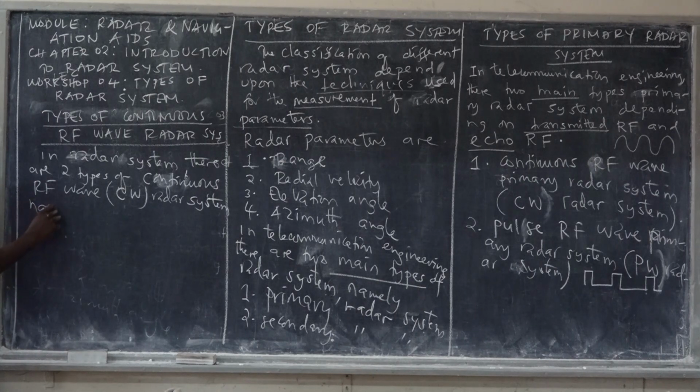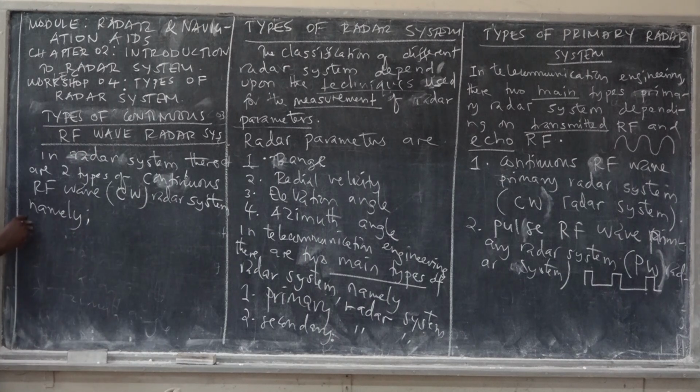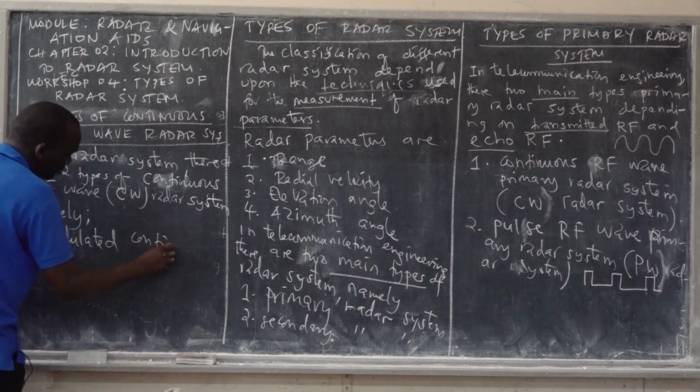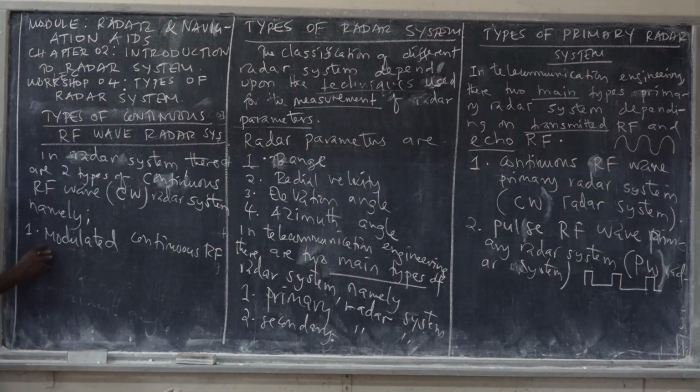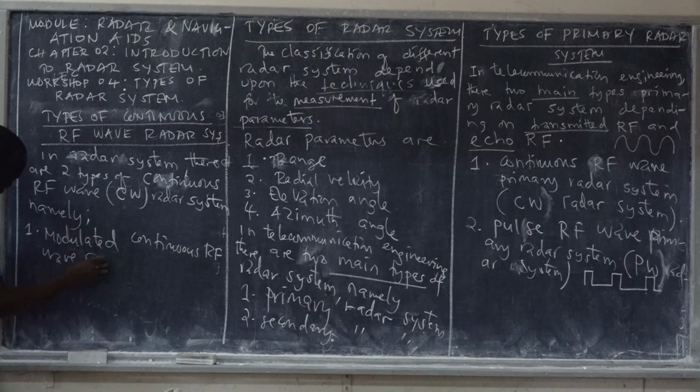Namely, you can name them. The first one, we call it modulated continuous radio frequency wave radar system.